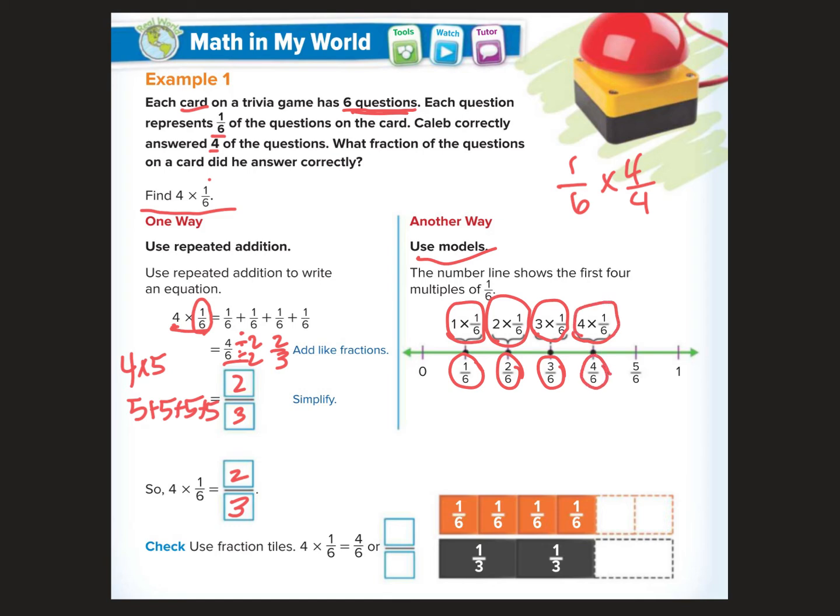Okay, so if we think of it that way, again, we'd get 4/6, which if we reduce, we'd get 2/3. And here's a model down here that shows that 2/6 is equivalent to 1/3, so that means 4/6 is equivalent to 2/3.